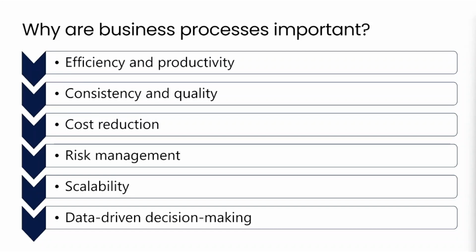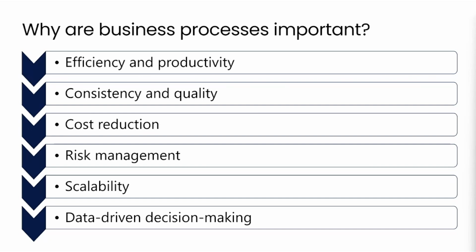Thirdly, we have cost reduction. When processes are optimized, it can lead to cost reductions through resource optimization and waste reduction. Next is risk management. When we document processes well, it can help organizations identify and mitigate risks in their business operations. Next is scalability. Scalable processes allow organizations to adapt to changing demands and grow their operations.